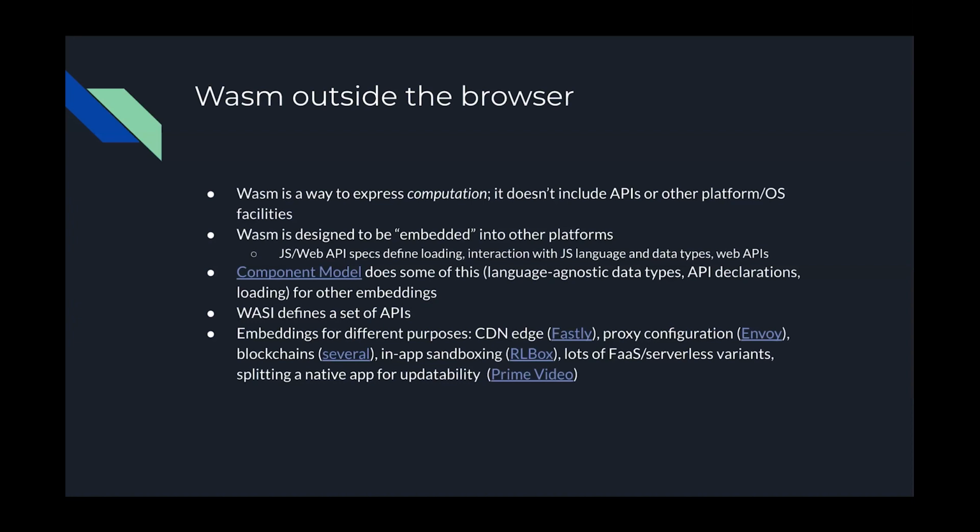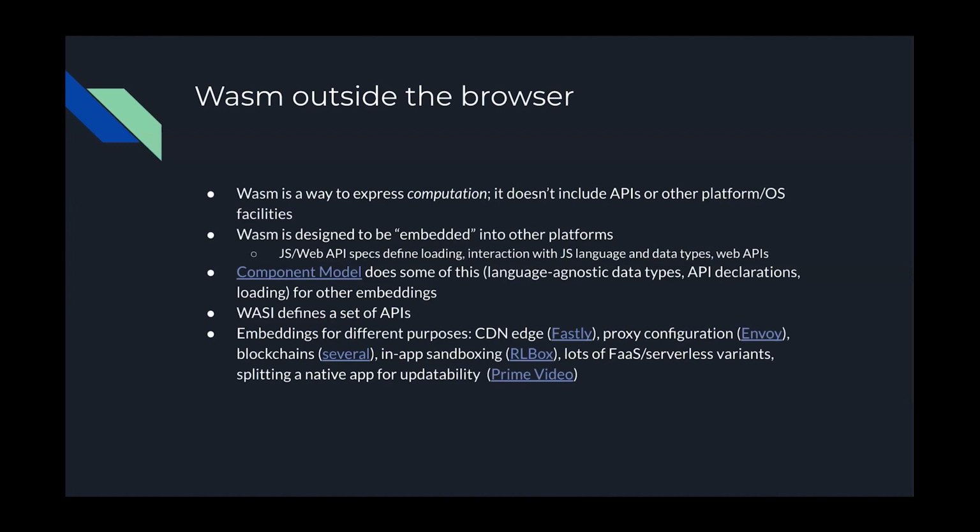Mozilla is using an in-app version of WebAssembly to sandbox untrusted browser implementation code. There are lots of cloud services trying to provide function as a service or serverless kinds of offerings at various different levels.